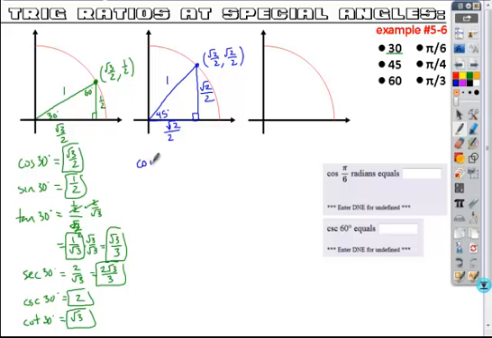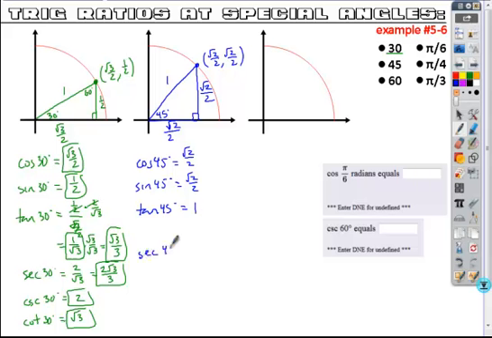Once again, we can identify these common trig ratios of 45 degrees. The cosine is root 2 over 2, the x-coordinate. The sine is root 2 over 2, the y-coordinate. The tangent is a number over itself, which is 1.